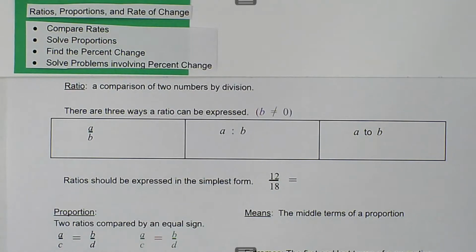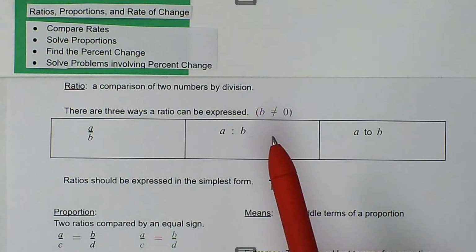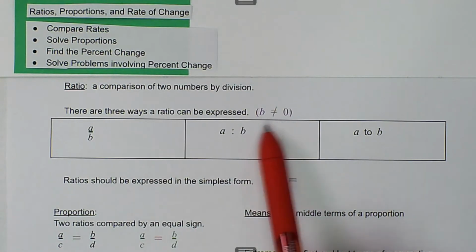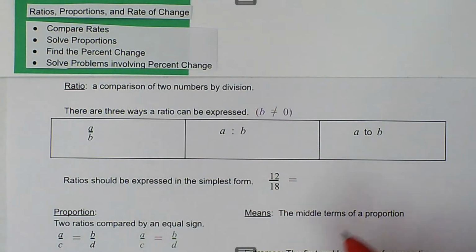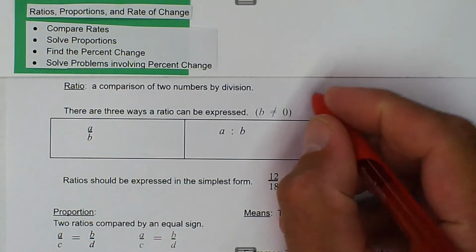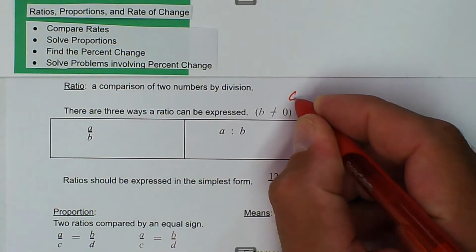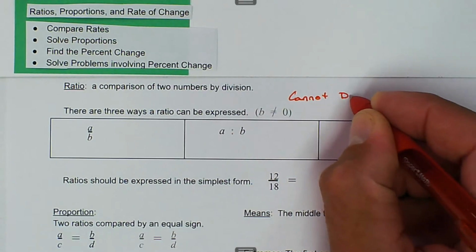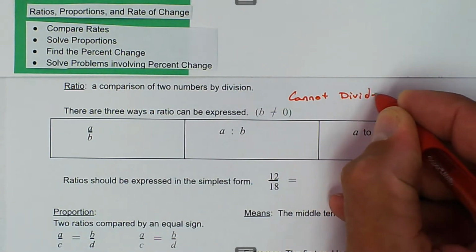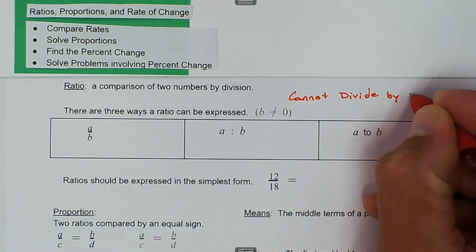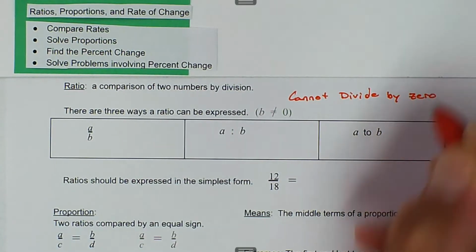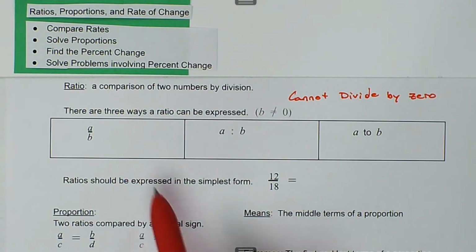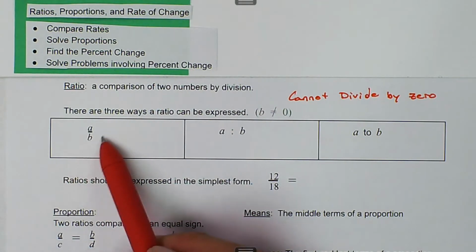And we have three ways a ratio can be expressed. B cannot be equal to 0 because we cannot divide by 0. So that's why we can't have 0 in the denominator.